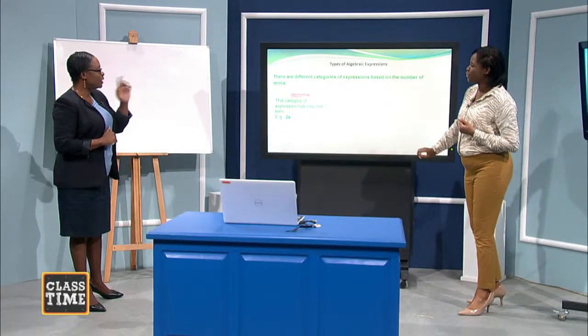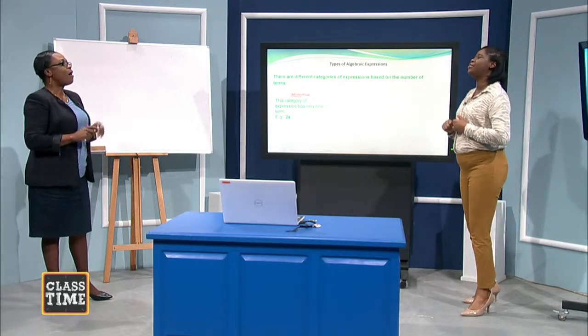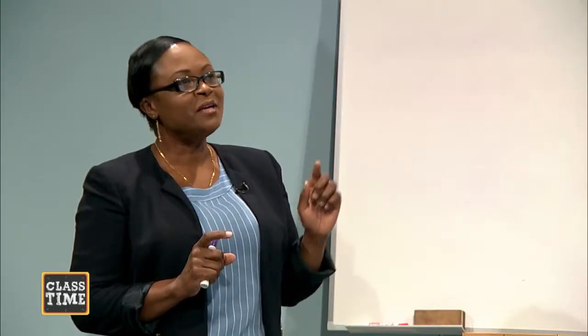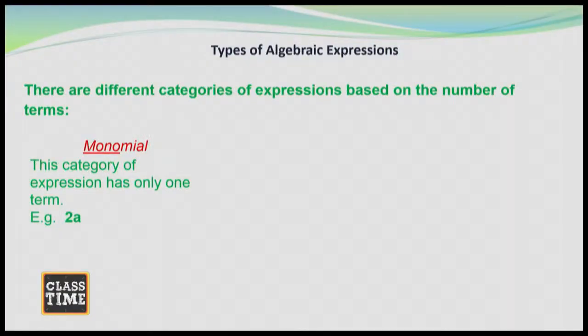Binomials and polynomials. Those I remember. So what do you remember about monomials? I'm thinking of the prefix mono, meaning one. So this is the category that has expressions with only one term. Good. And our example is 2a.